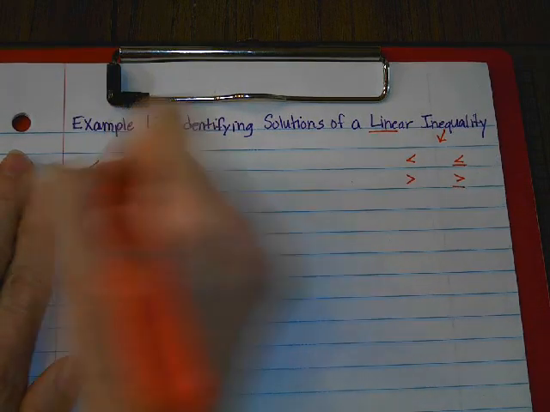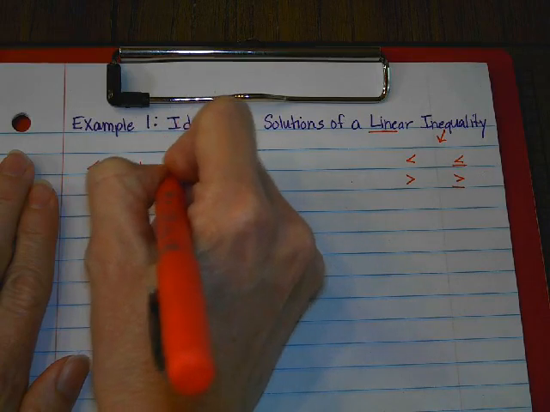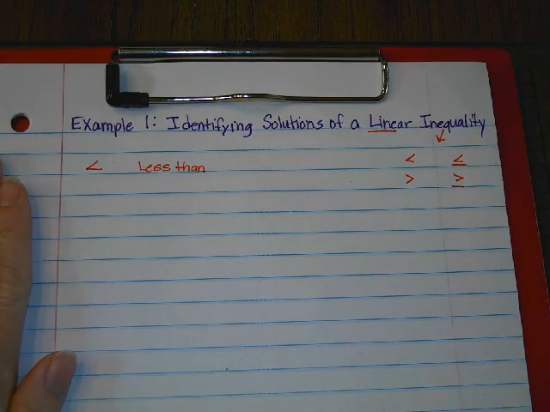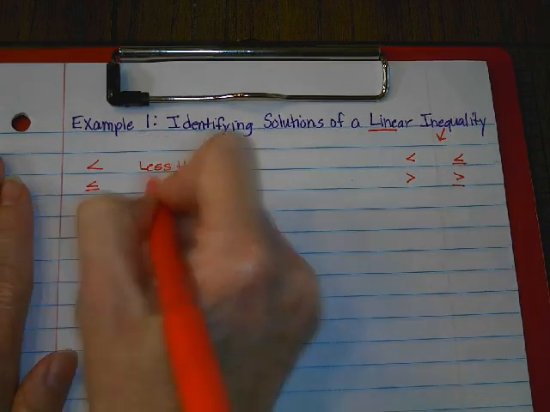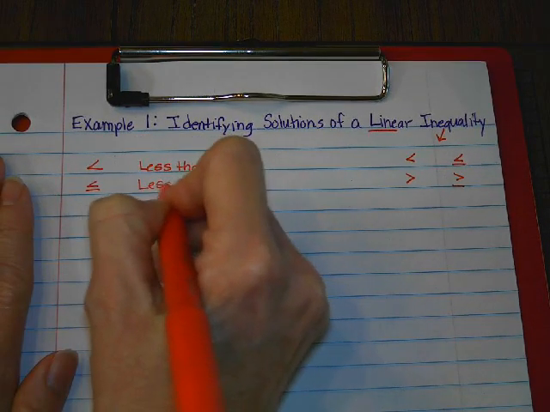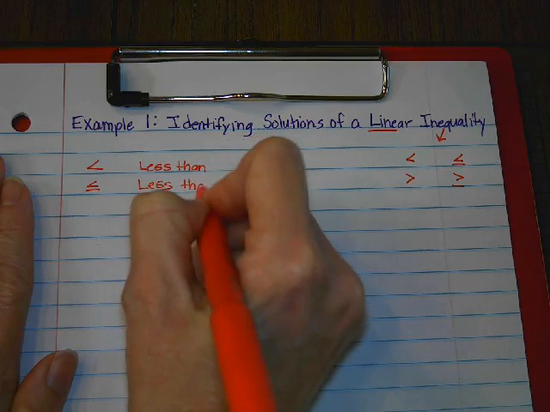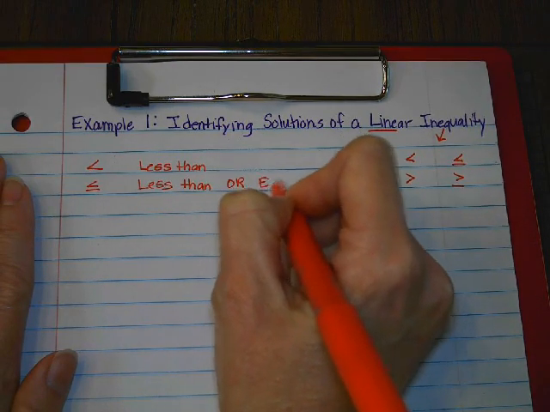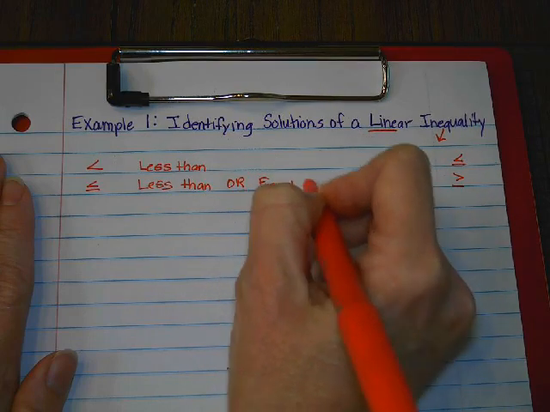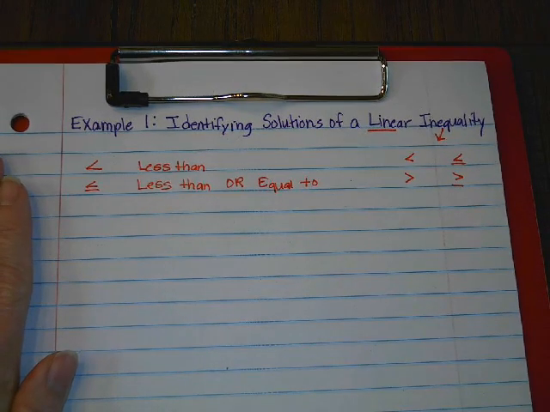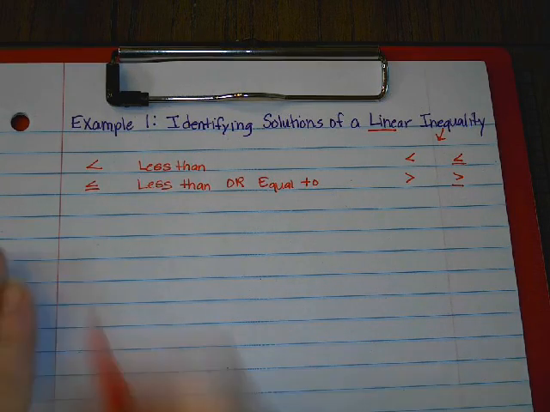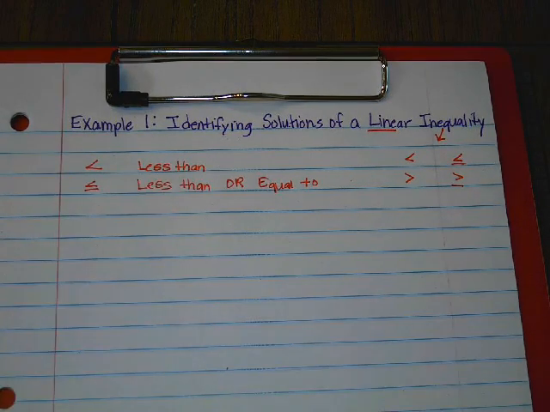This is our less than symbol. And this is our less than or equal to, and that's important because it could be one or the other. Doesn't have to be both. It's not less than and equal to. It's less than or equal to. We'll switch out a color for the other symbols.